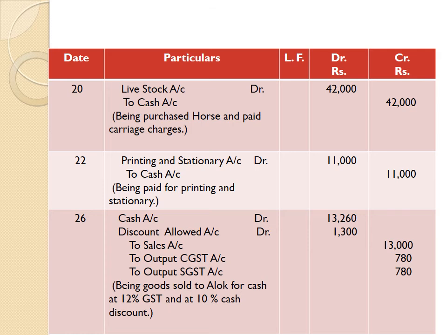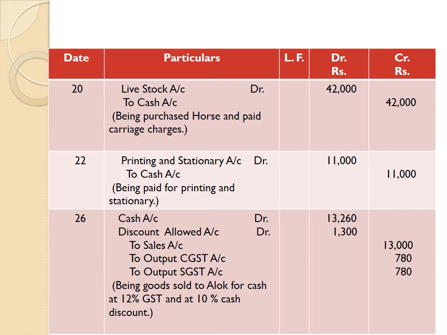Entry for it. Firstly, consider the amount of goods sold, 13,000. 12% GST on it. 12% of 13,000 is 1,560. This 1,560 has been divided into two parts.